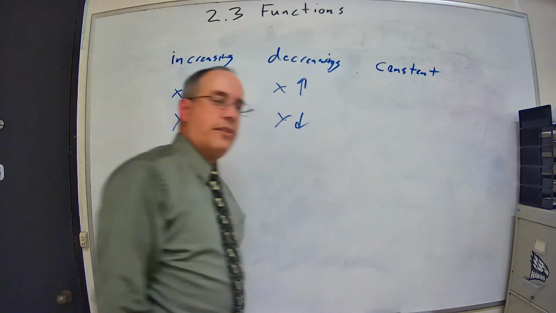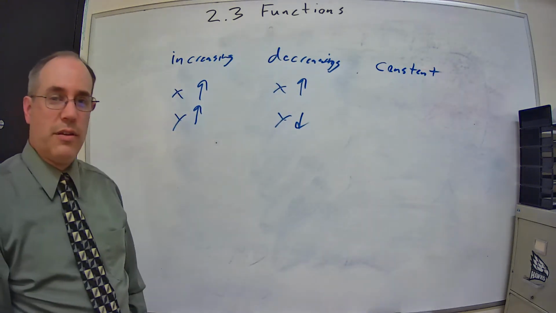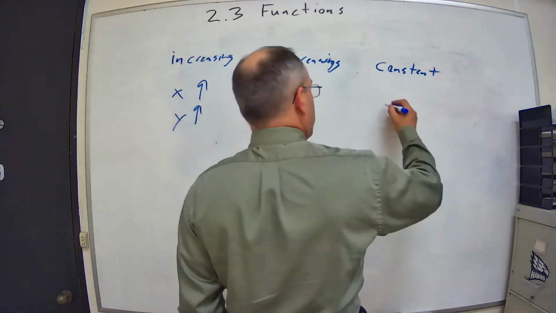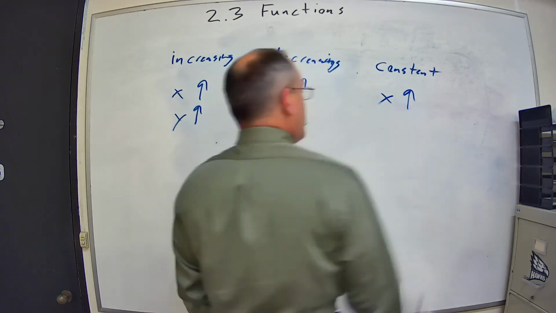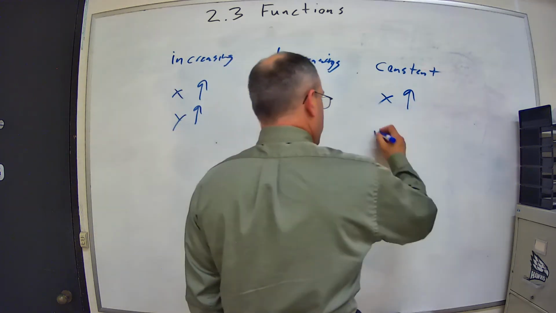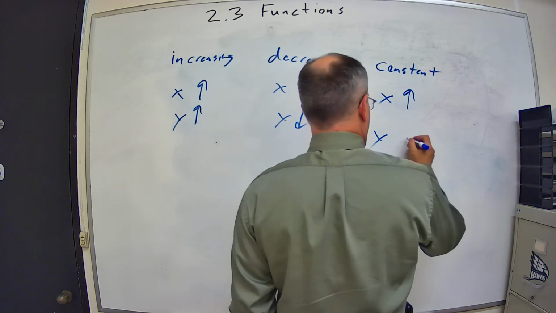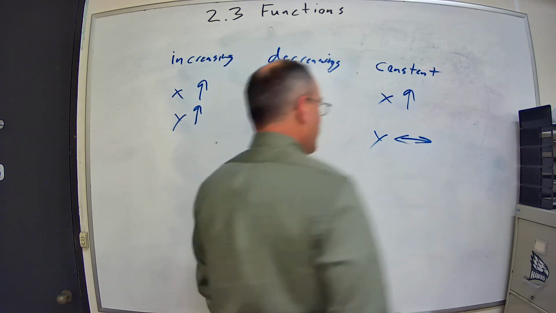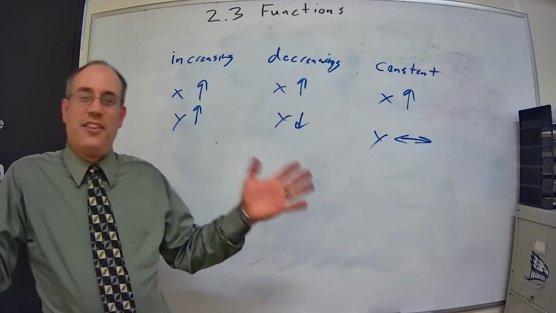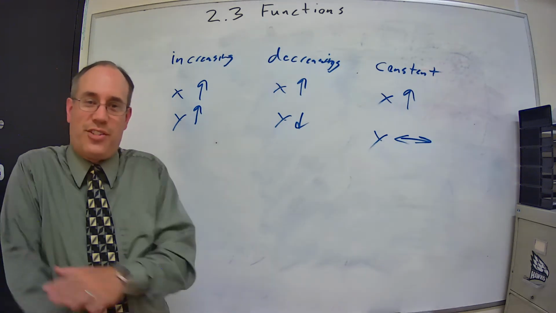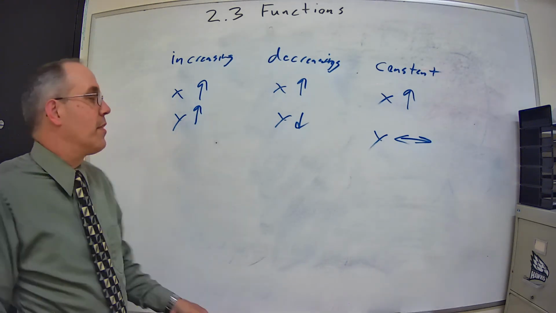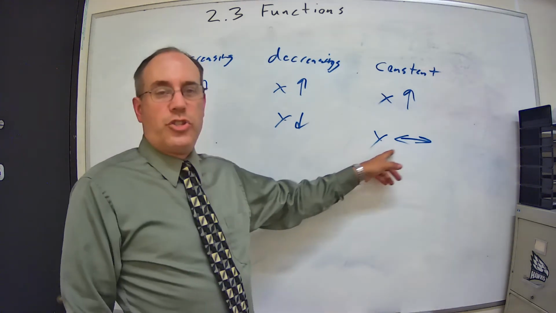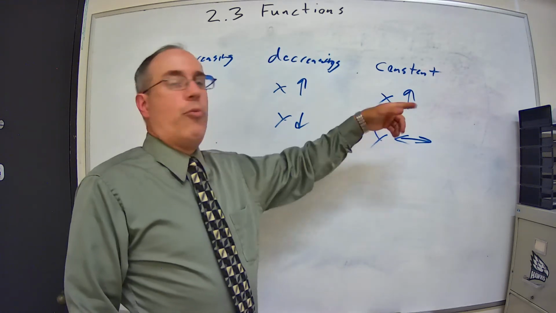A constant function, as x increases, y remains the same. It doesn't go up, it doesn't go down, it just remains the same. So therefore y is constant no matter what x are.